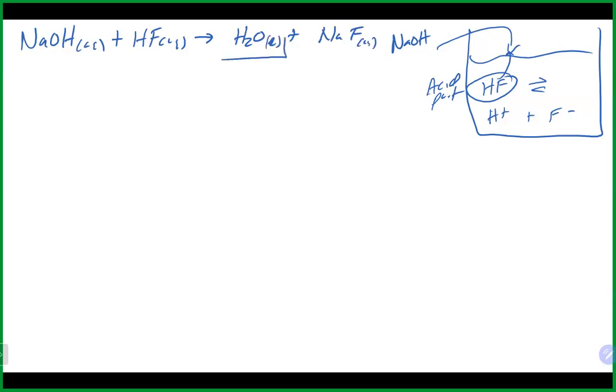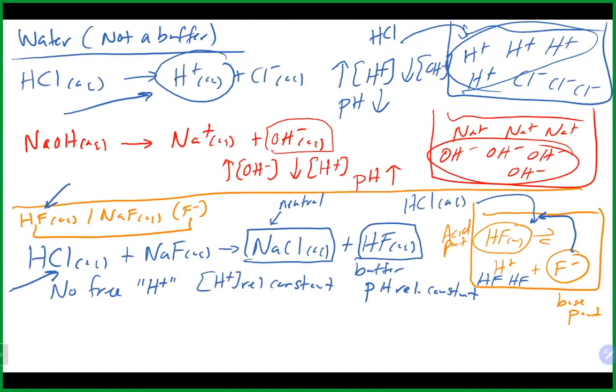Once again, here we made water, which is not going to mess up the pH. We actually made sodium fluoride, which is part of the buffer as well. And again, it is actually what we do not see here that we saw with the sodium hydroxide and water. When we added sodium hydroxide to water, we had a ton of OH minus being made.